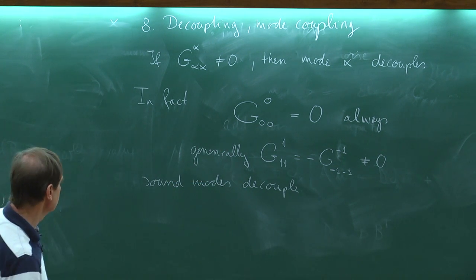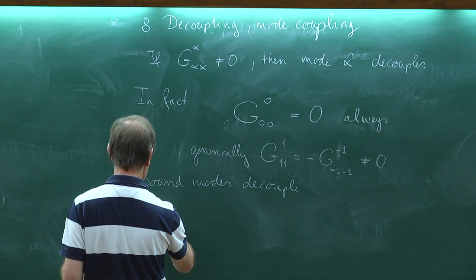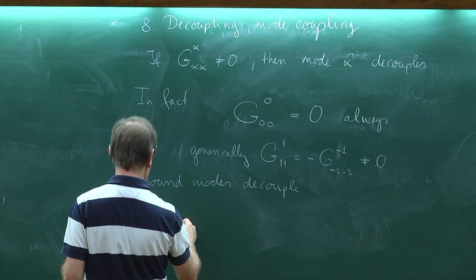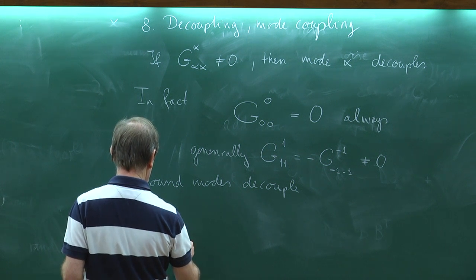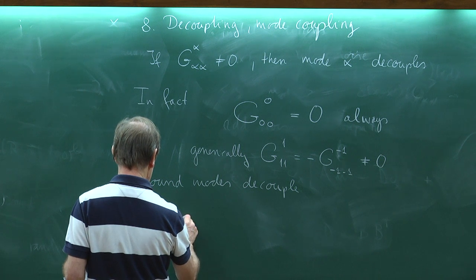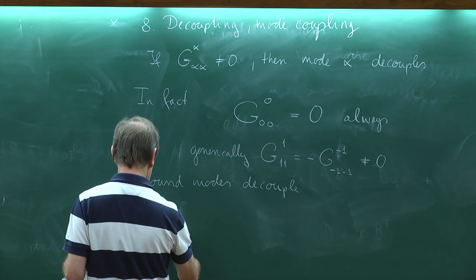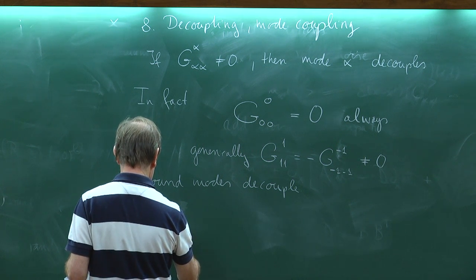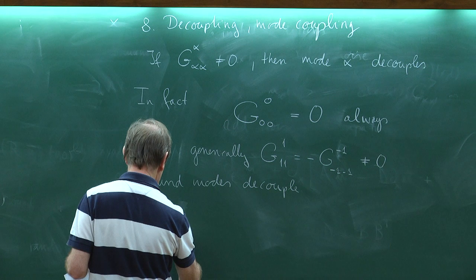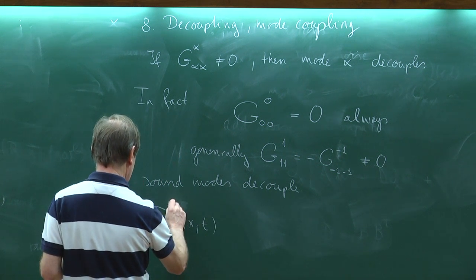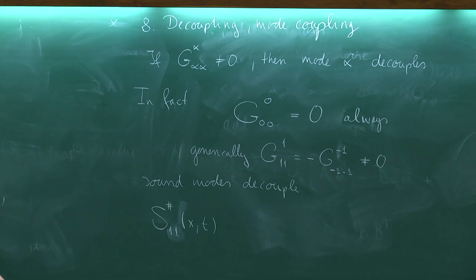Okay, and so this is telling us that under this decoupling, the S11 of x and t, now I'm sharp because I do this in normal coordinates.